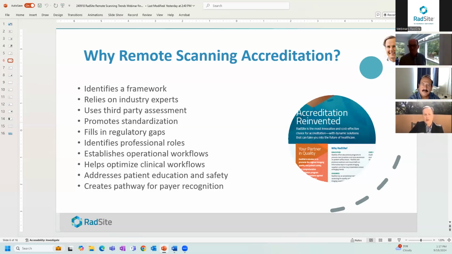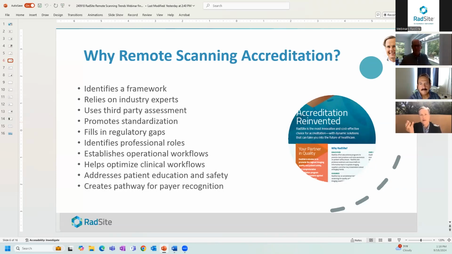Dr. Siegel, you asked a good question. Here again, the key thing with scanning is the people affected. In our common quest to achieve the very best for the patients we scan, knowing what needs to be done, as defined by industry experts and assessed by third-party objective assessors, really helps us achieve the best.